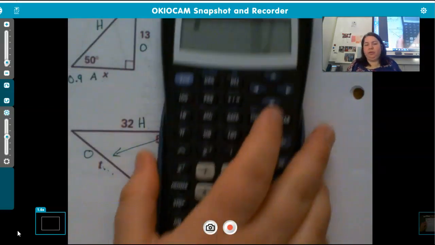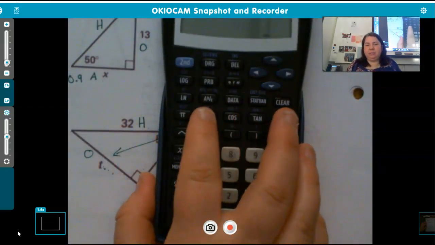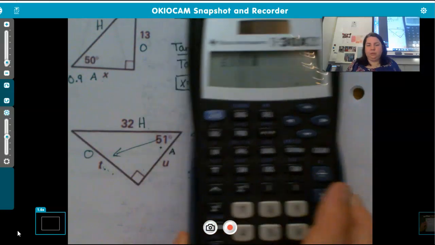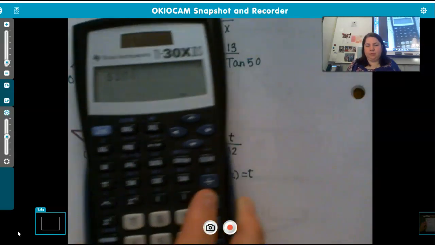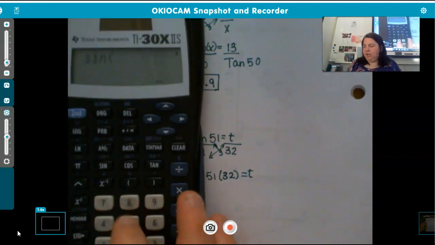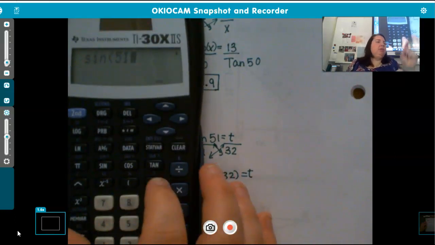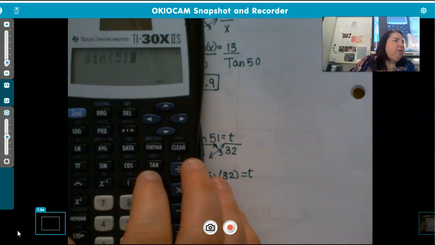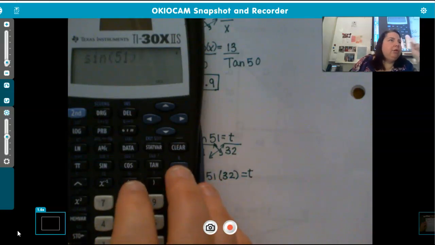Yep. So we have our sine button. Sine of 51. This is where it is very important you close these parentheses. If you do not close your parentheses, you will not get the right answer.